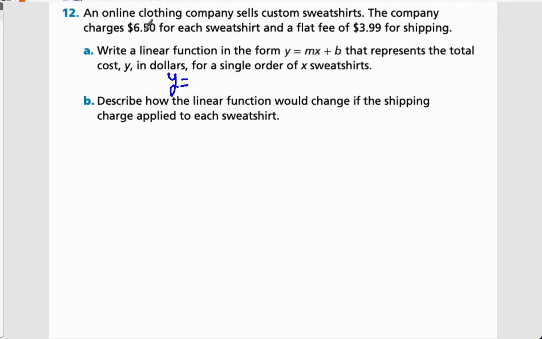When we think about things that happen, we usually talk about the slope as things that happen over and over again, where the y-intercept is something that happens once. So the slope is going to be $6.50 times the number of sweatshirts sold plus the $3.99 flat shipping fee.